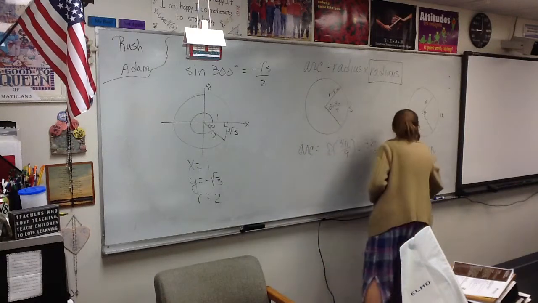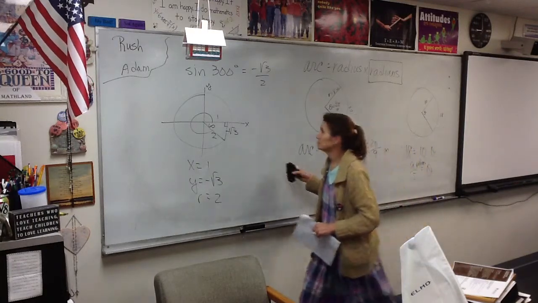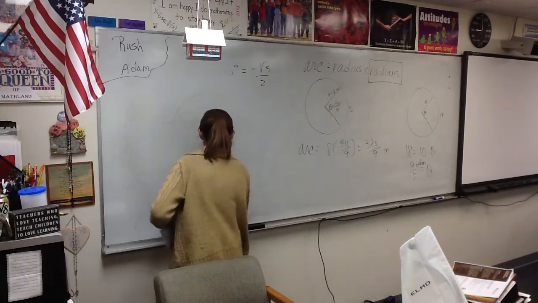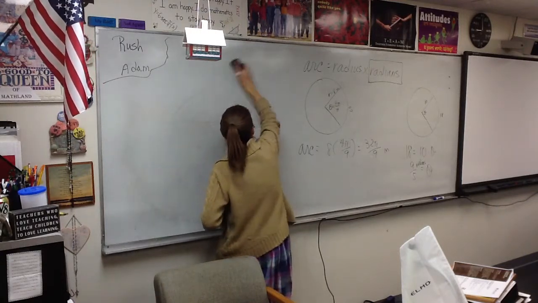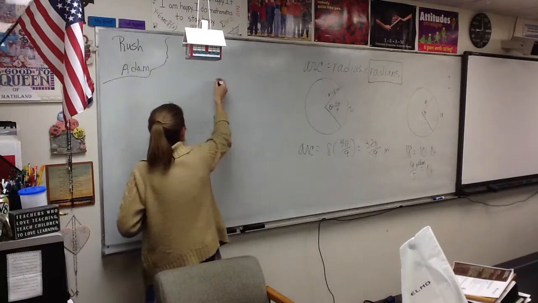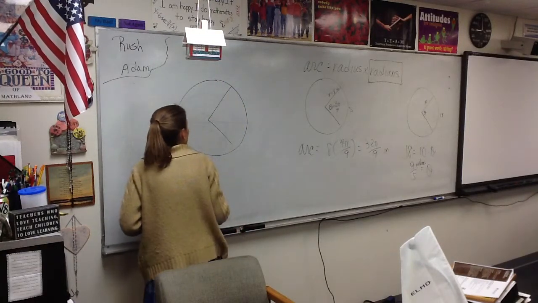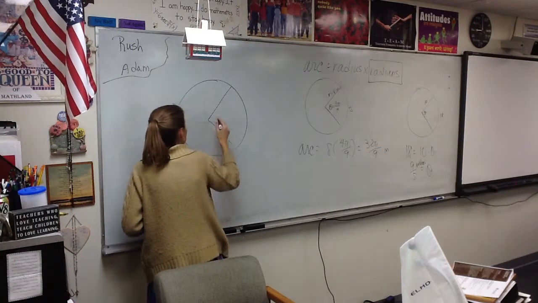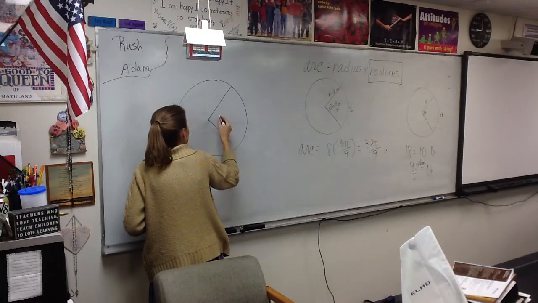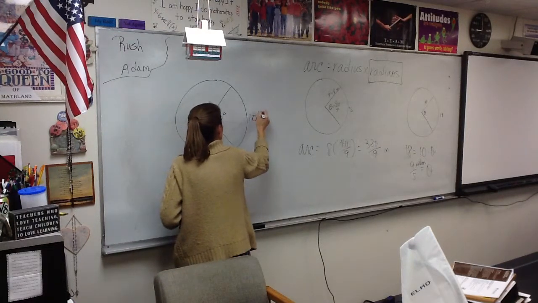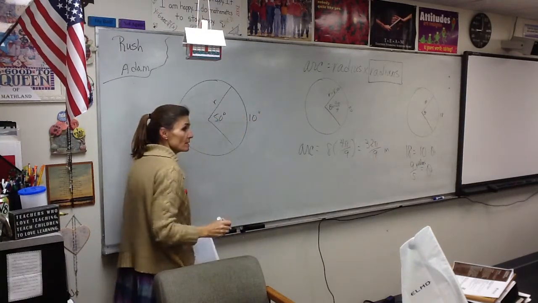Let's diverge for just a second and do one that might be a little bit harder, just so we're able, in case you get thrown this curveball. Let's say you have this situation. The angle is 50 degrees, the arc is 10 inches, and we want to know the radius.